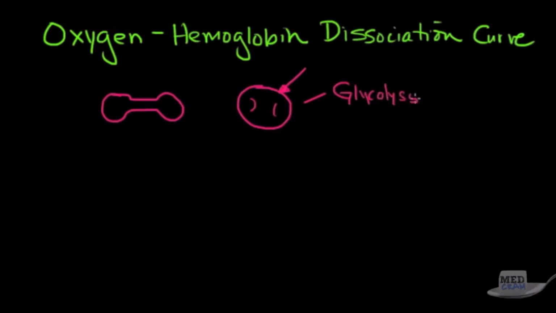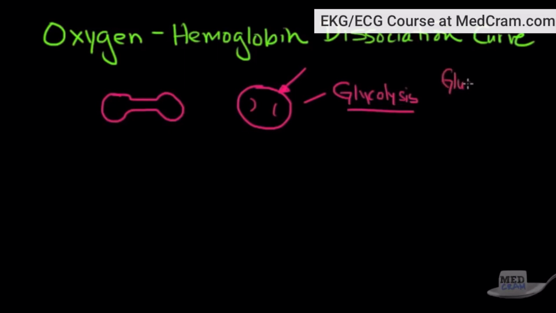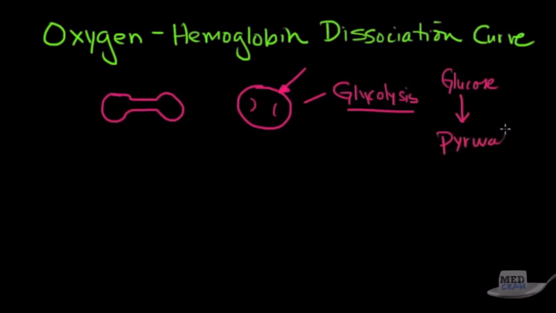And remember, that's where we get glucose, and it basically goes to pyruvate, and that gives off forms of ATP. This is not oxidative phosphorylation, this is substrate level phosphorylation, but it gives the cell the ATP that it needs. And that's important because there's an intermediate in this glycolysis that's actually going to do some things to our hemoglobin binding curve, which we're going to talk about next.